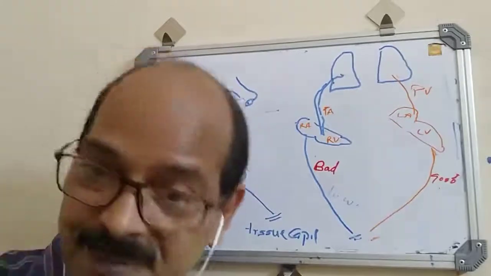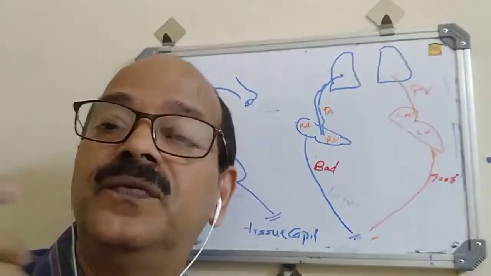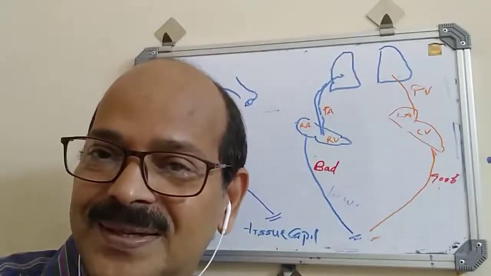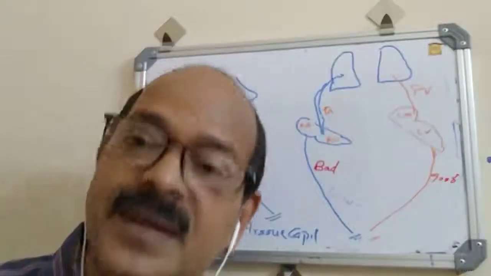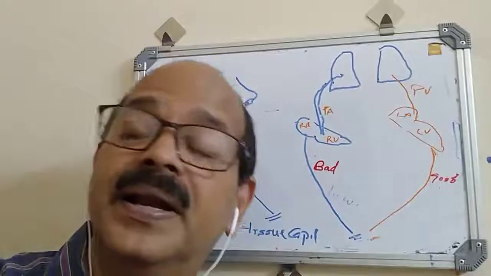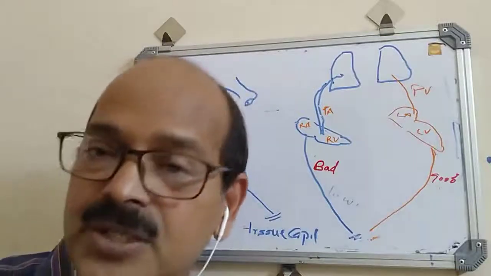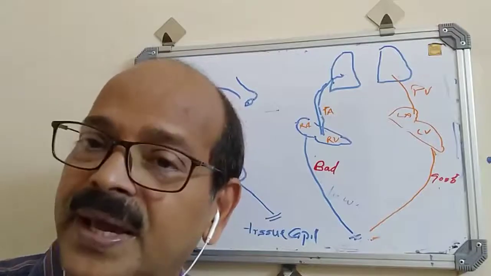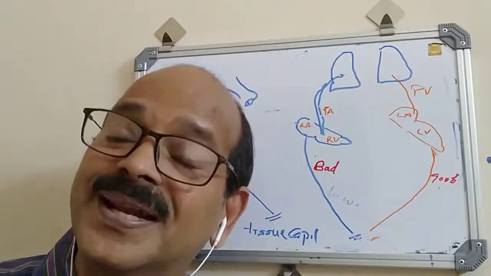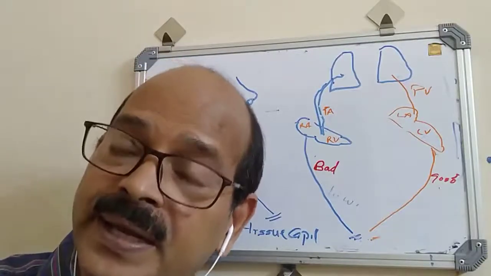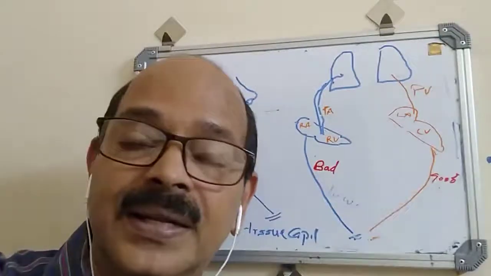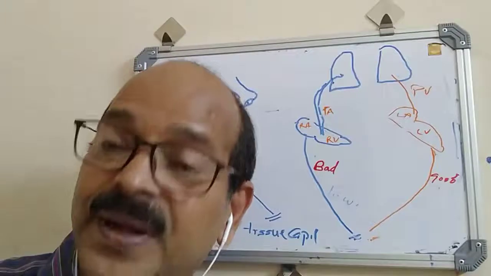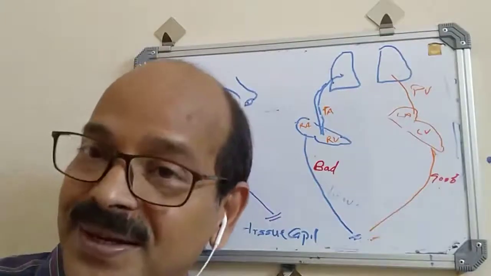Instead of the usual series circulation, it can be a parallel circulation, where right-sided blood again gets circulated to the right, and left-sided blood again gets circulated to the left side. There is no chance of communication. It's a parallel circulation, so there is no chance for oxygenation. It's not reaching the alveoli to get oxygenated, come back and circulate. It's not possible. So basically, these are the different situations where this can happen.